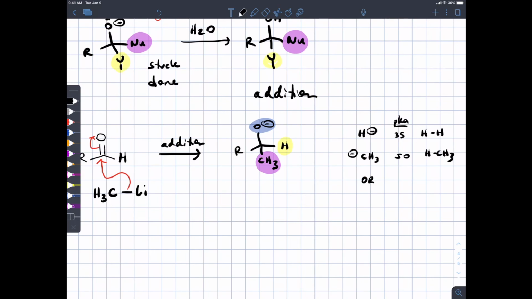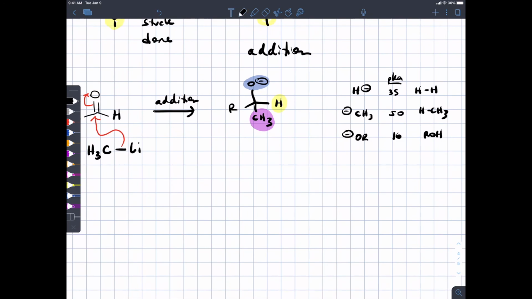Then draw a negatively charged oxygen and look at the pKa of its conjugate acid, and you can see very clearly that these two groups, the CH3 and the H, are terrible leaving groups relative to a negatively charged oxygen. You cannot do the beta elimination step. That negatively charged oxygen is not strong enough to kick off H- or CH3-.